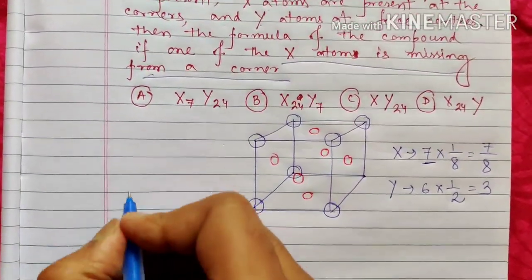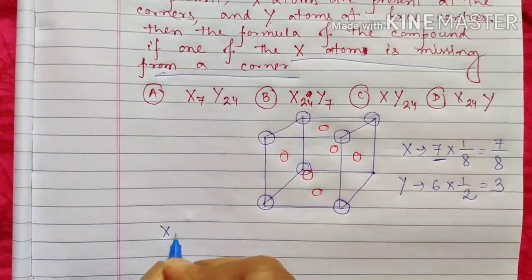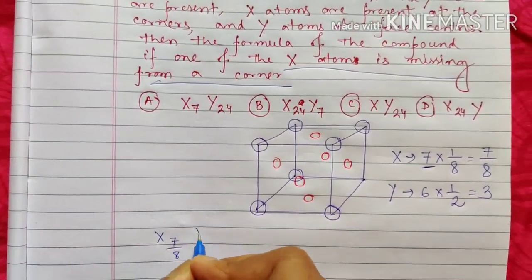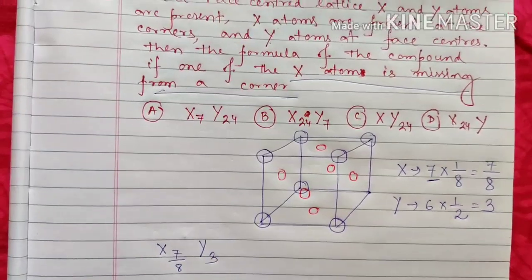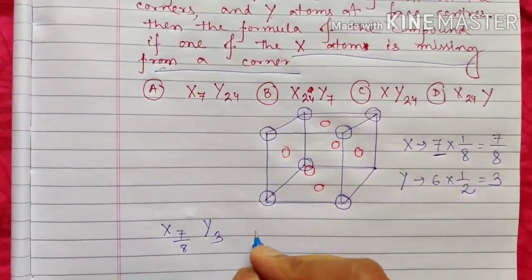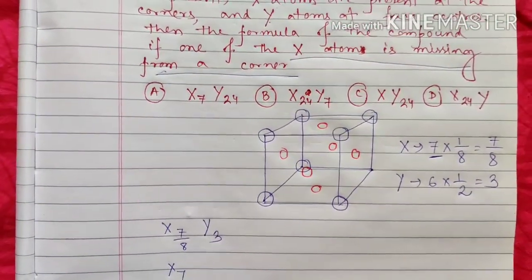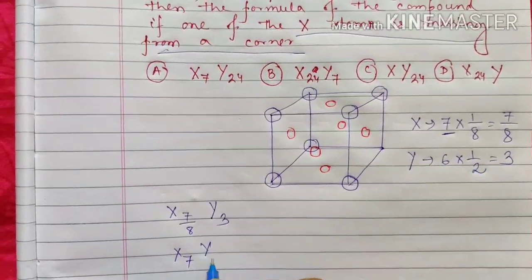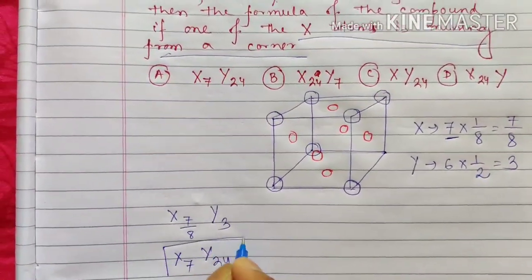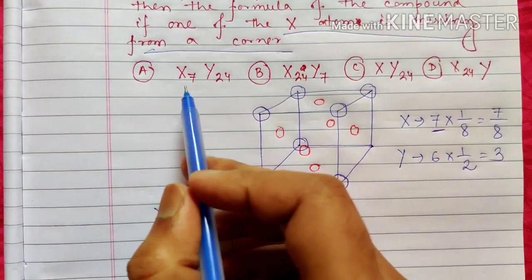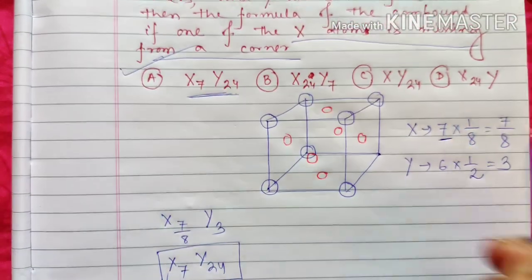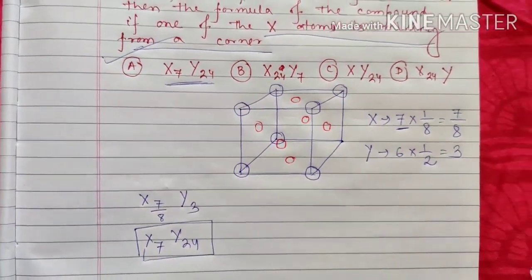So the formula goes like this. It is X 7 by 8 and Y 3. So obviously, to keep it simple, it should be X7 Y24. This should be the formula. So the first option is supposed to be correct.